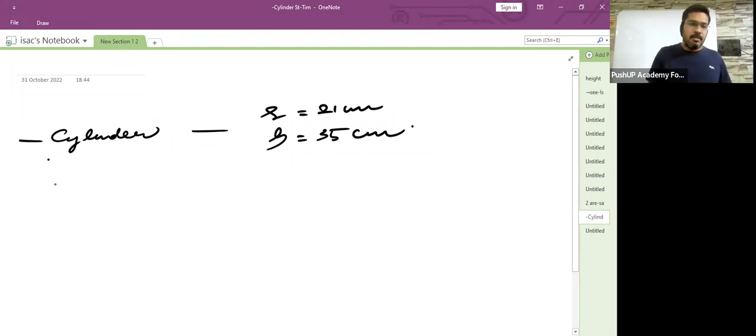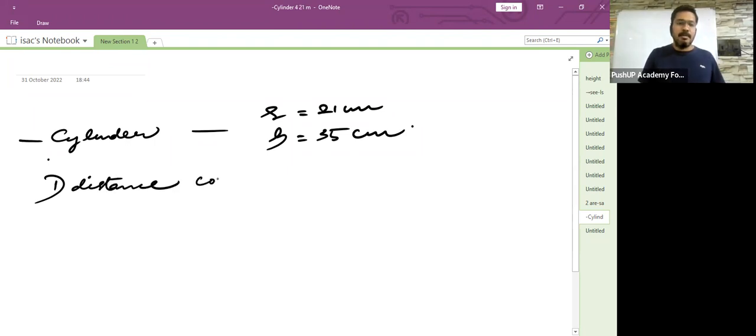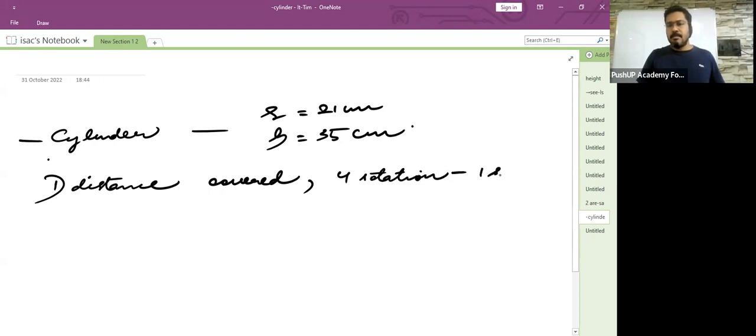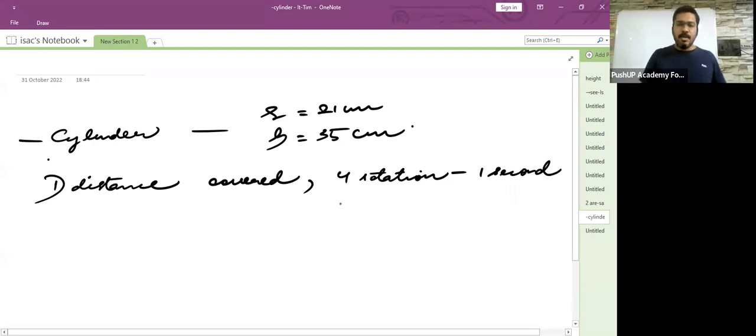I want you to find the distance covered by the cylinder when the total number of rotations is 4 in 1 second, and the total time taken is equal to 6 seconds.